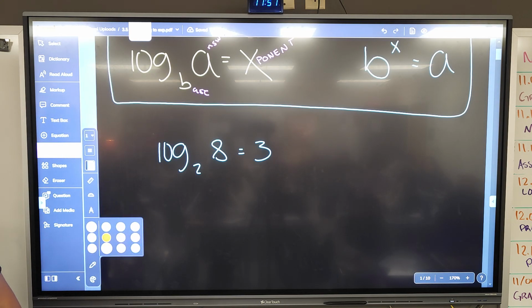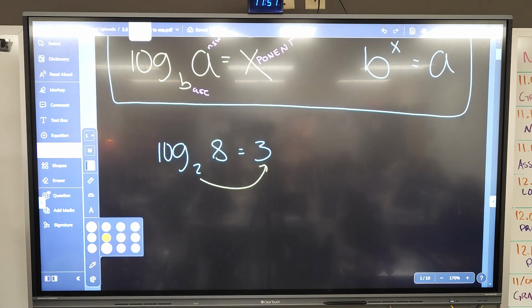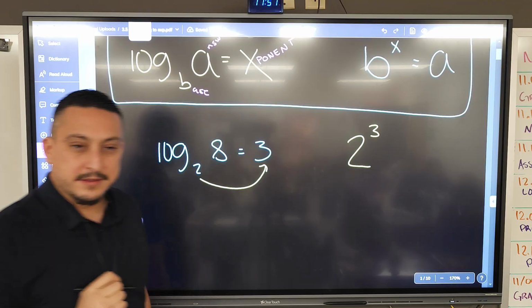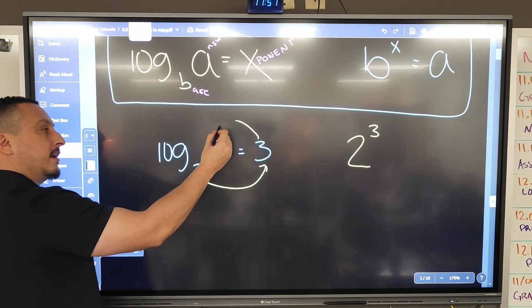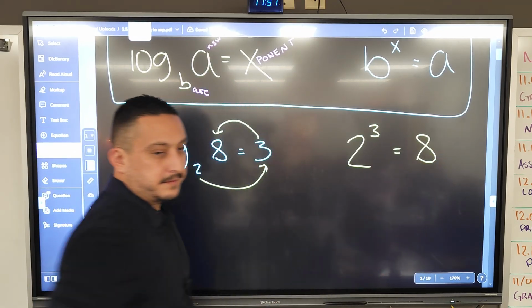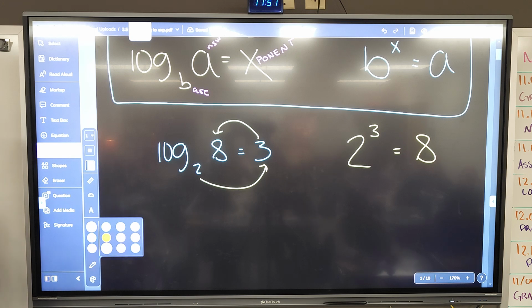I actually find myself doing this: an arrow from here to here. So 2 to the 3 power, and then equals 8. So it's like a little pattern with the arrows too. It works well, I think. Okay, is that okay, guys, so far?